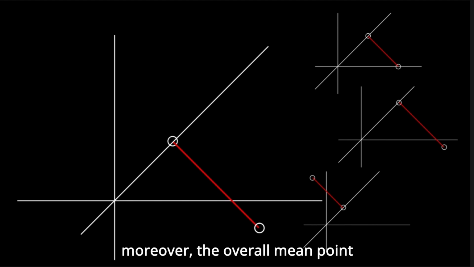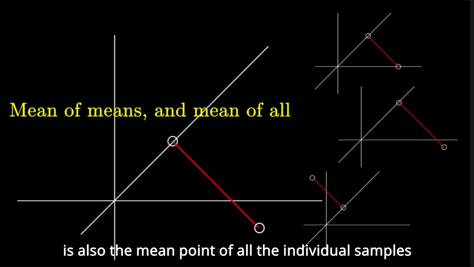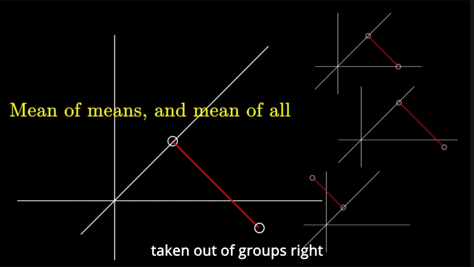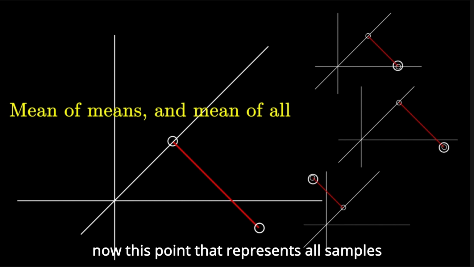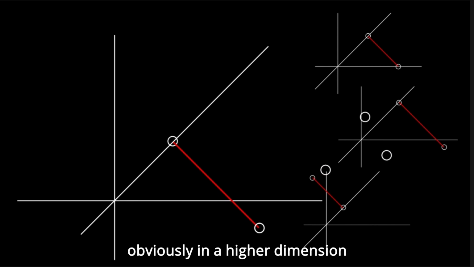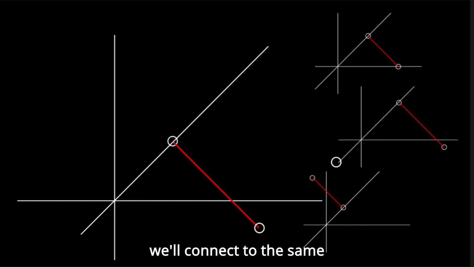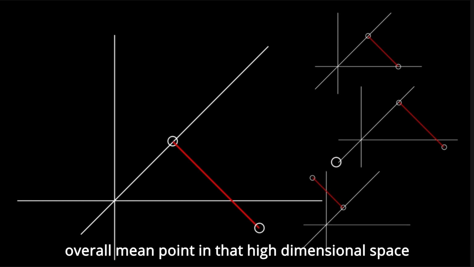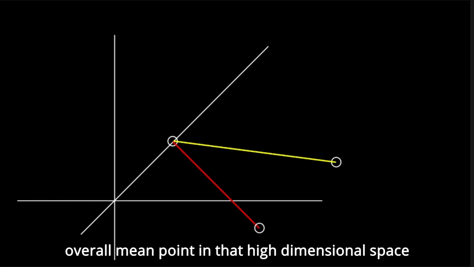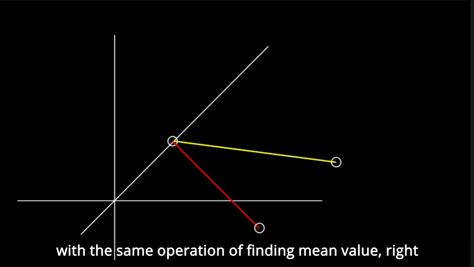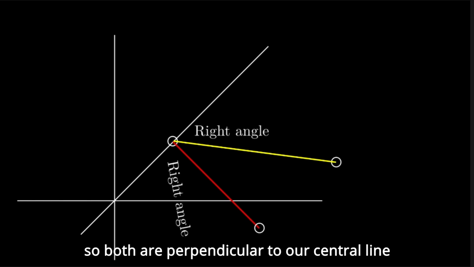Moreover, the overall mean point is also the mean point of all the individual samples taken out of groups, right? Now, this point that represents all samples, obviously in a higher dimension, will connect to the same overall mean point in that high dimensional space with the same operation of finding mean value, right? So both are perpendicular to our central line.